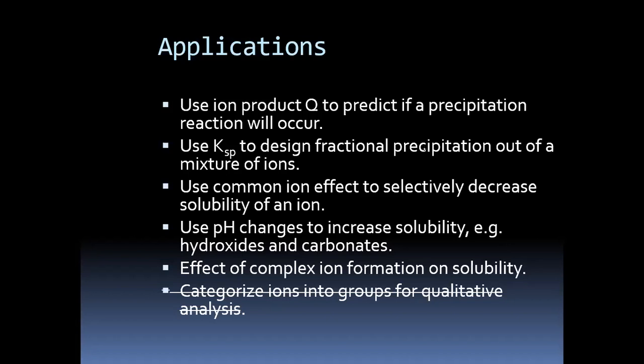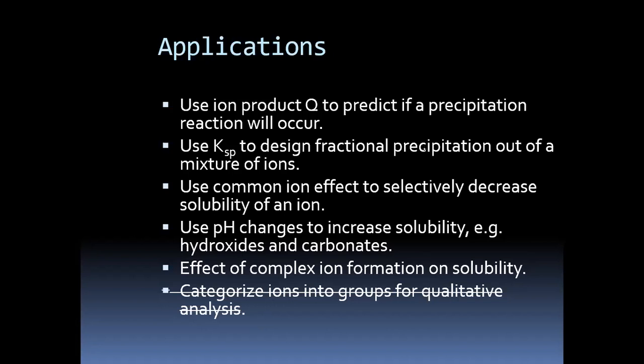Also, the common ion effect. We said that for a saturated solution of an ionic compound, if you add more of the ions on the right side of that equilibrium, by Le Chatelier it's going to drive the equilibrium back towards the insoluble compound. So we can selectively decrease solubility.